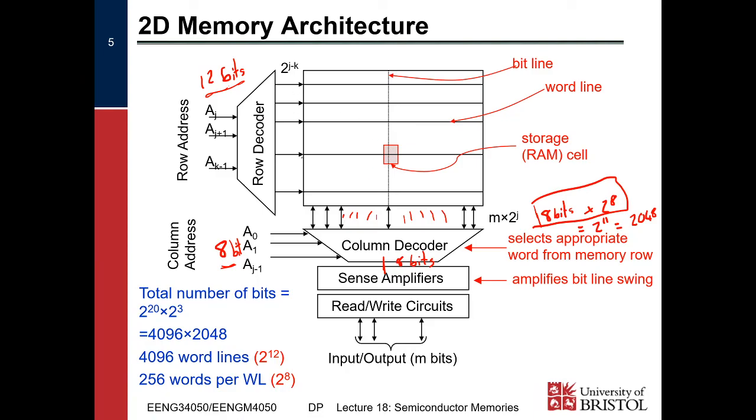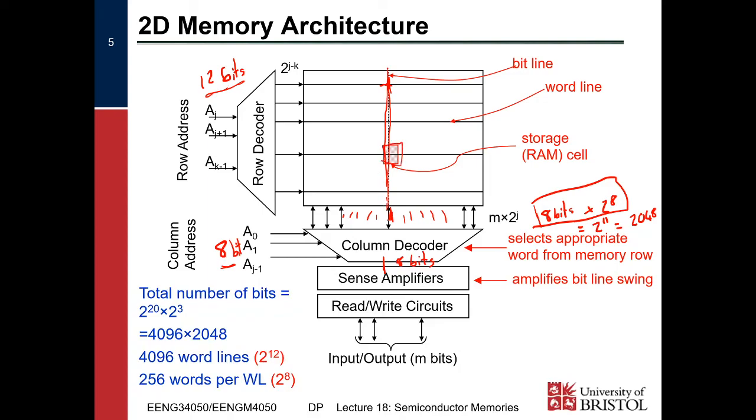So the point is that each one of these rows in the same column, so each cell in this column, they're all connected up to the same single wire, right? Every single cell in the column is connected to the same wire. The row decoder just enables one of the cells in this column, right?